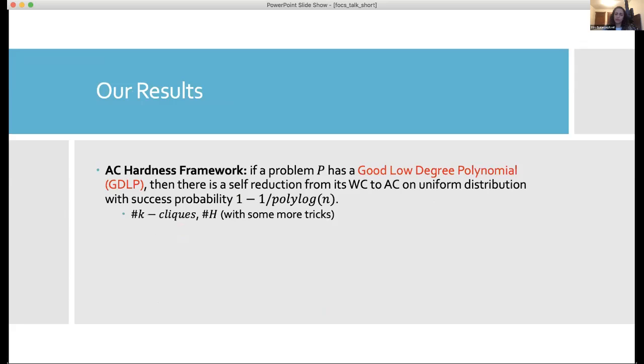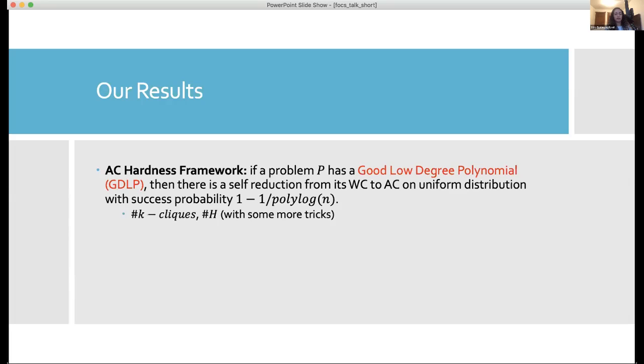For that, we define this notion of good low degree polynomials, or GDLP for short, where we say that if a problem P has a good low degree polynomial, then there is a self-reduction from its worst case to average case on the uniform distribution with success probability 1 minus 1 over polylog n. And then if we plug in counting K-cliques, we can see that counting K-cliques has a good low degree polynomial.